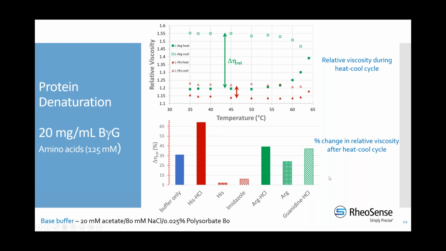But the majority of these are actually worse than buffer only and no excipient. So it's important to get in there and do the experiments to understand what is happening and get the data for your specific goal when it comes to introducing the excipients.